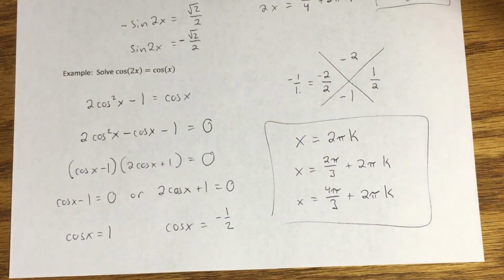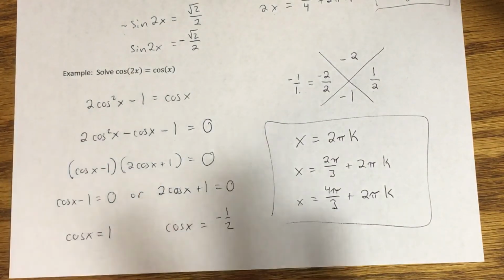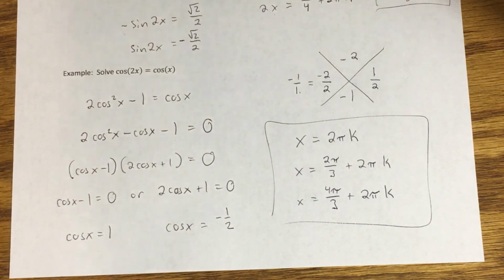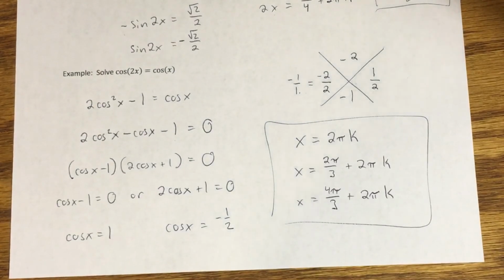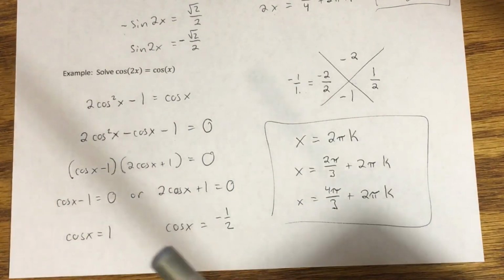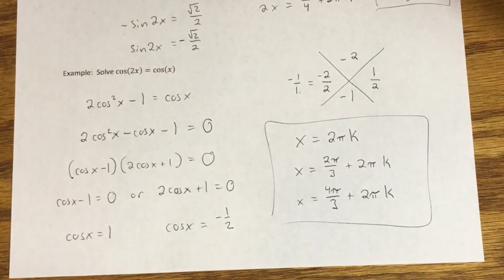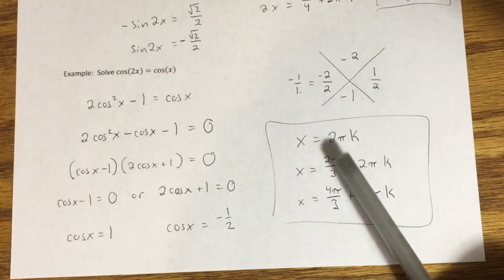Okay, so one final comment I want to make before wrapping up this section in Chapter 9. You should notice, especially here where we're solving equations, how critical it is that you know your unit circle like the back of your hand. You should not need to look at a printout of your unit circle to come up with these.